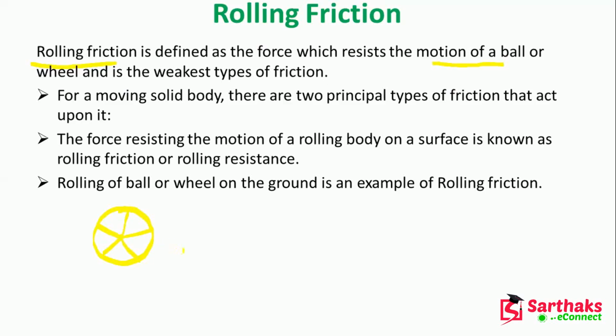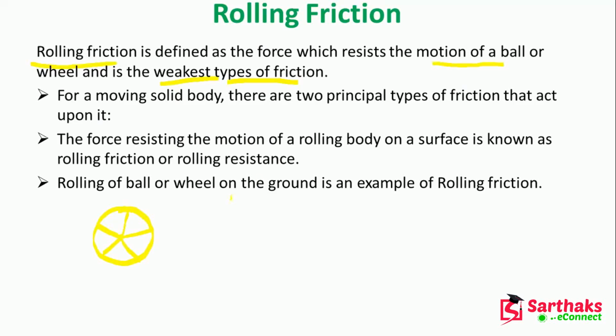So here also it will resist the motion of the ball or wheel, and it is the weakest type of friction. Rolling friction is the weakest type of friction.